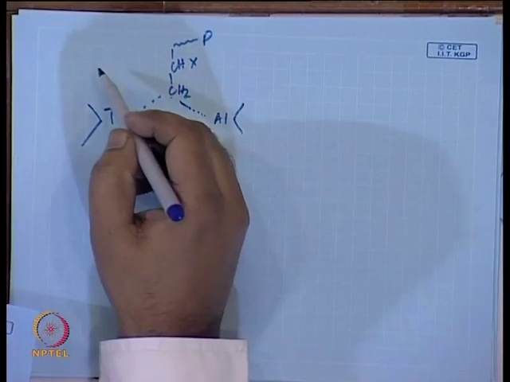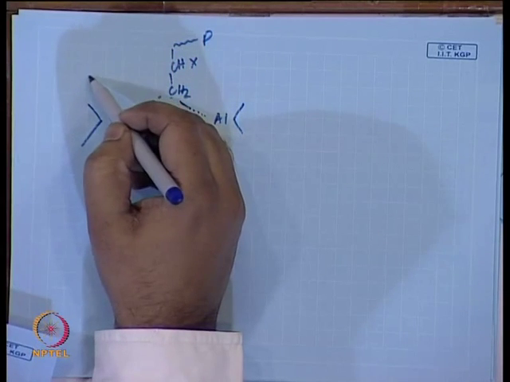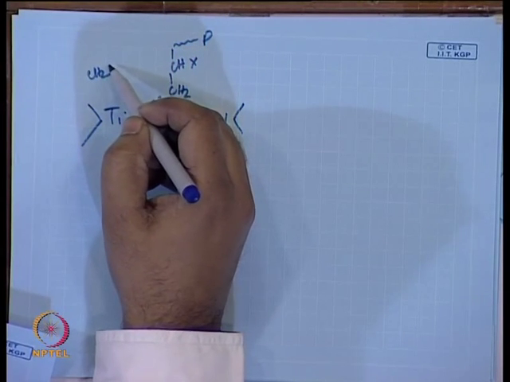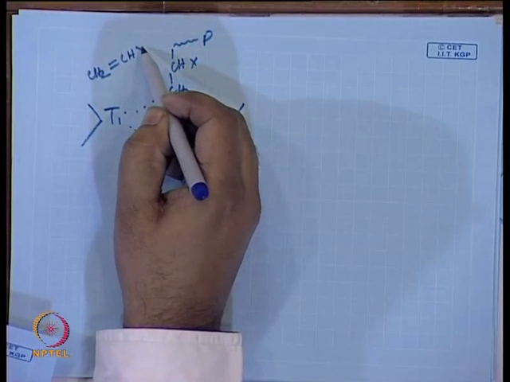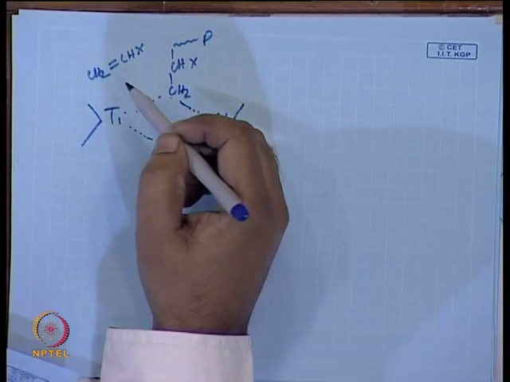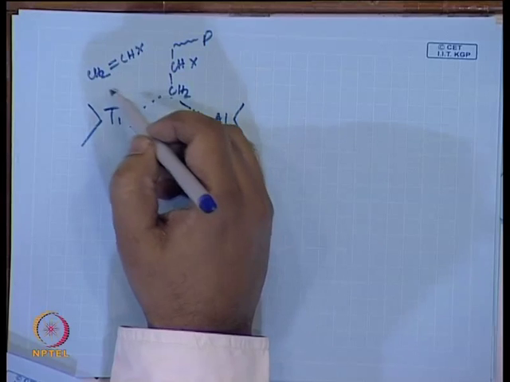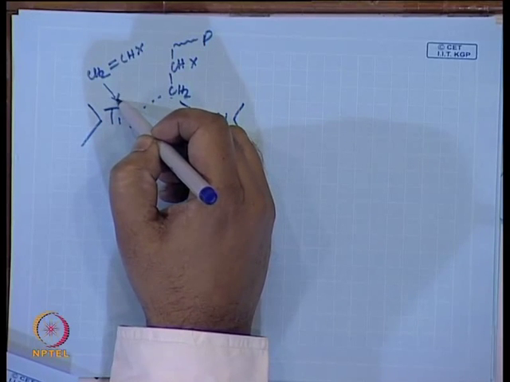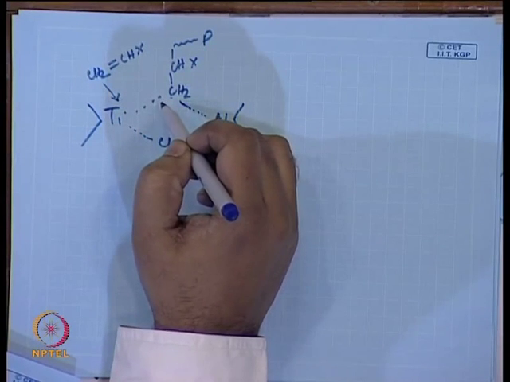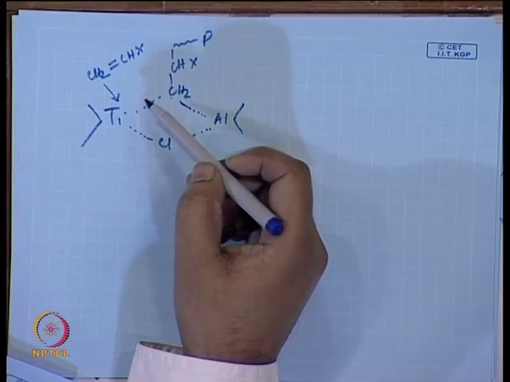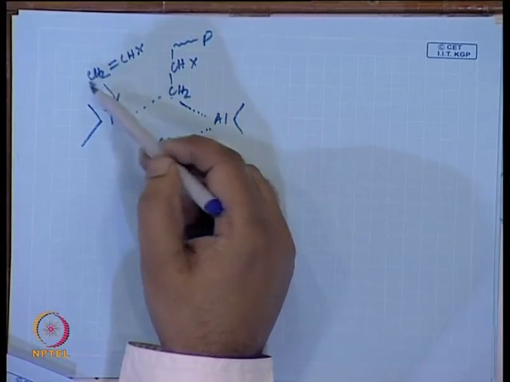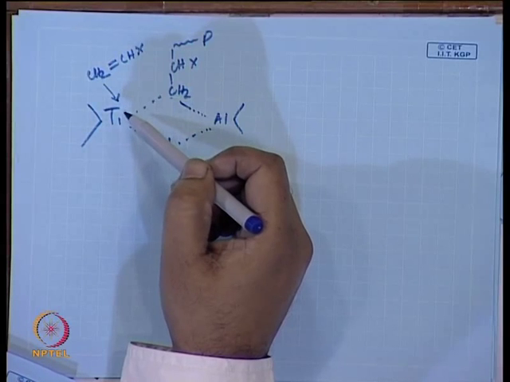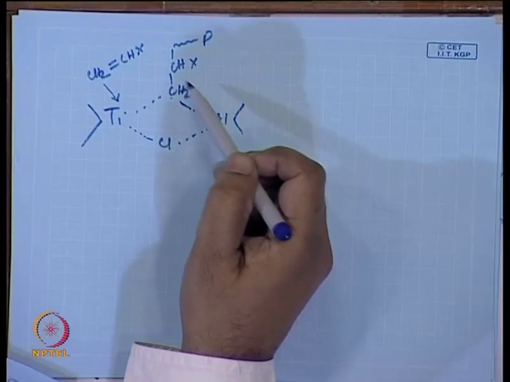And what happens first is formation of a pi complex between the monomer and the titanium. This olefin is nucleophilic, and this is electron deficient.